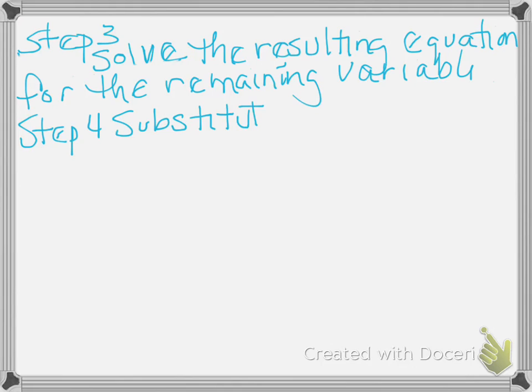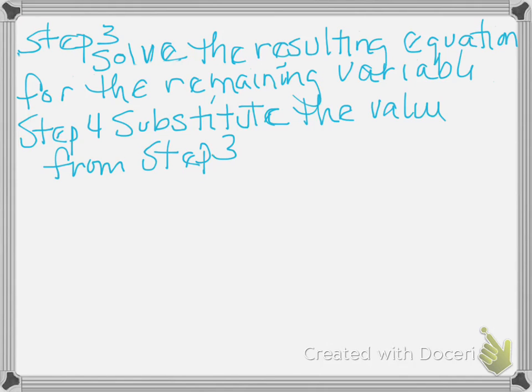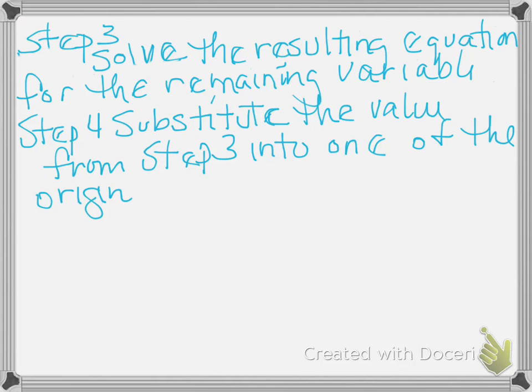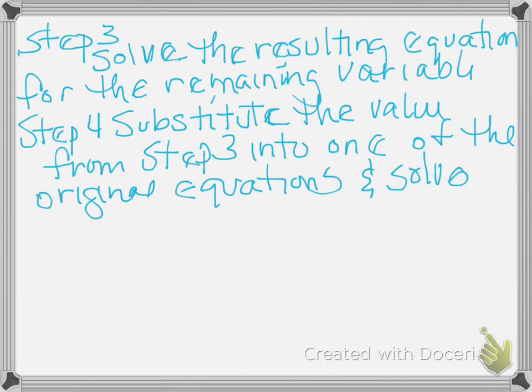When we get a value for one of the variables, we substitute that value we got from step 3 into one of the original equations and solve for the other variable. So we have a solution there.